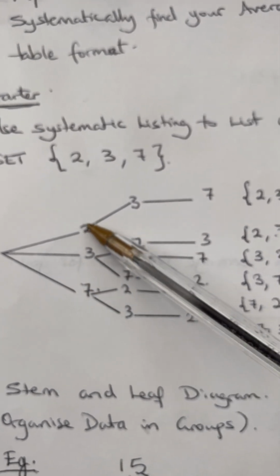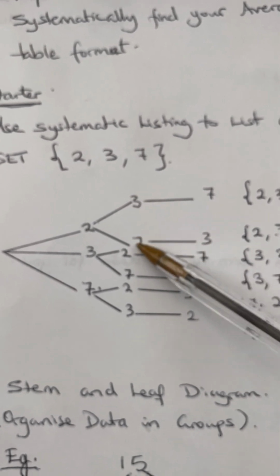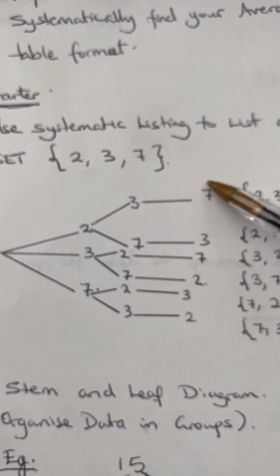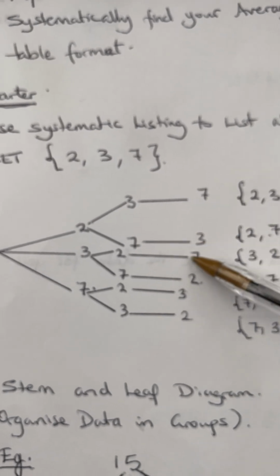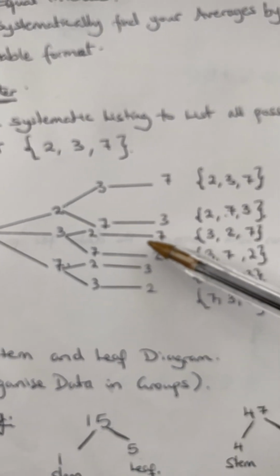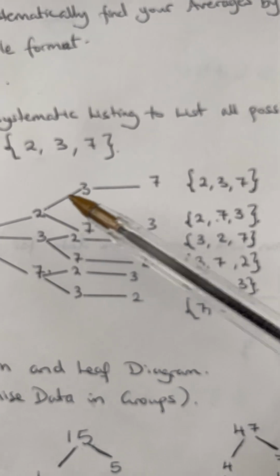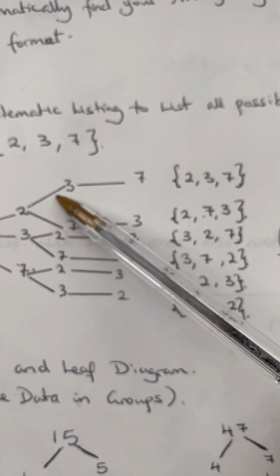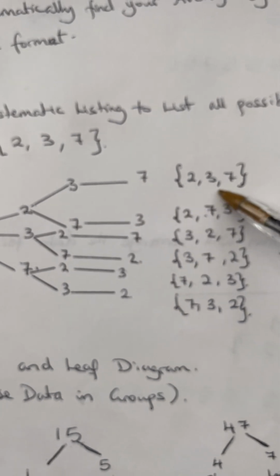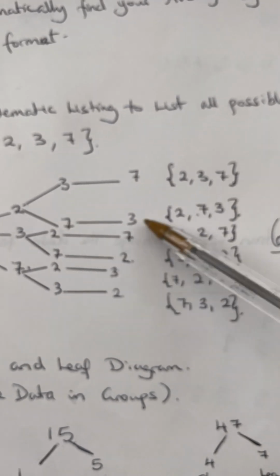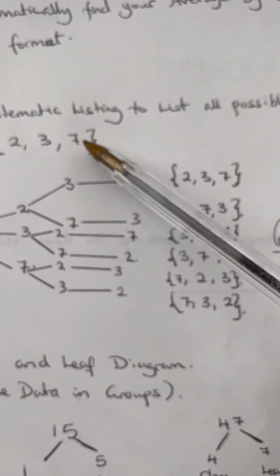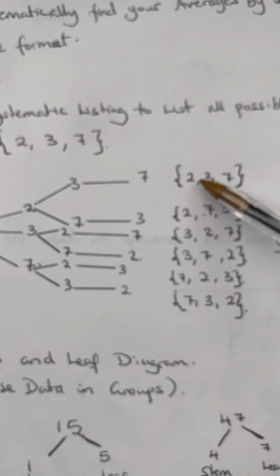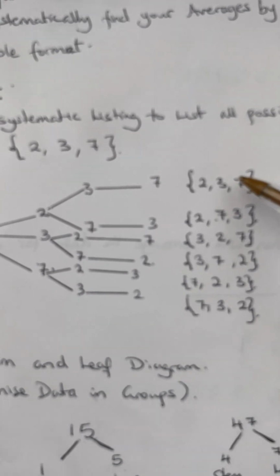So now with the 2, you have only 3 and 7 left. When you flip it around, then you have 7 and 3. So straight away, your first set of numbers will be 2, 3, 7 and 2, 7, 3. You want all 3 numbers occurring at the same time, not two.